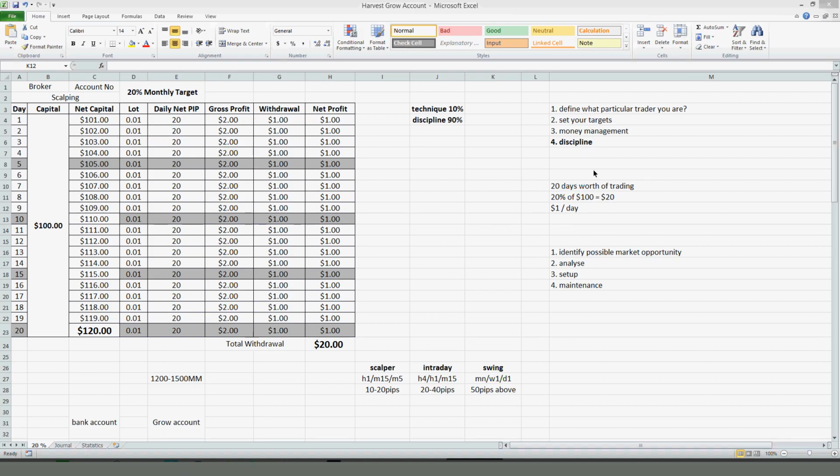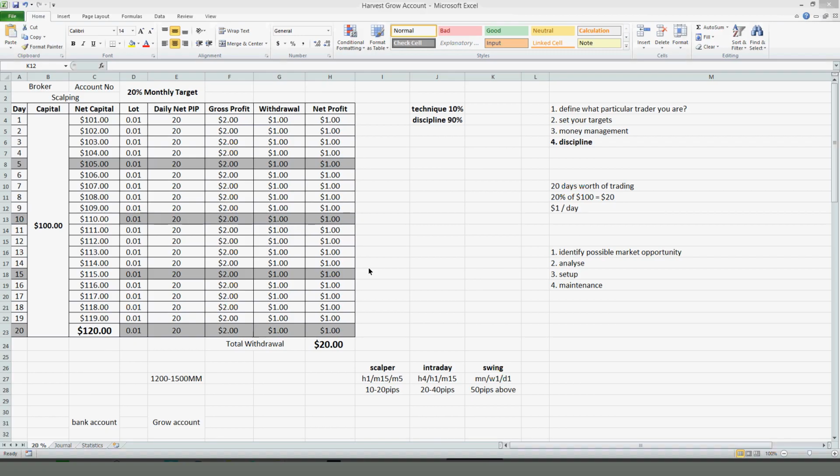Okay, Scott was asking if someone is a full-time trader, is it realistic to aim a bit higher than 20%? Well, to be honest, the monthly target is based on your own capability. If you know you can achieve more than 20%, then you should set yourself for that.